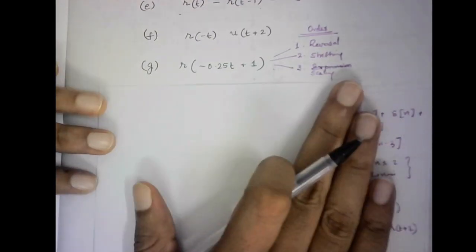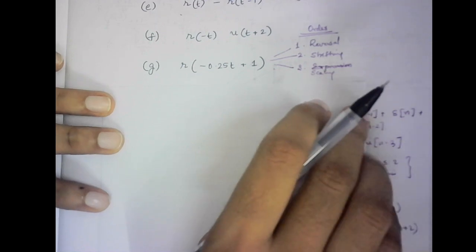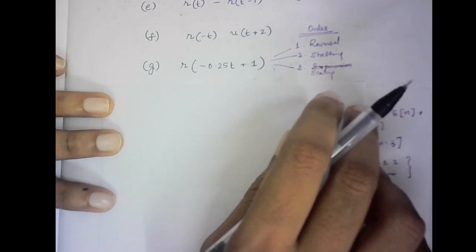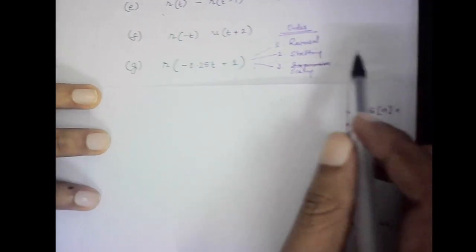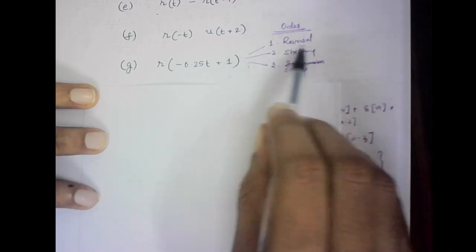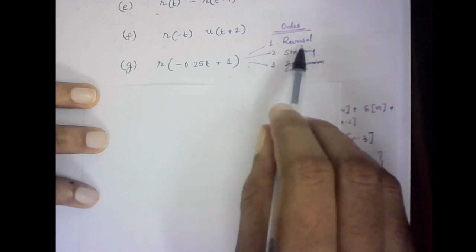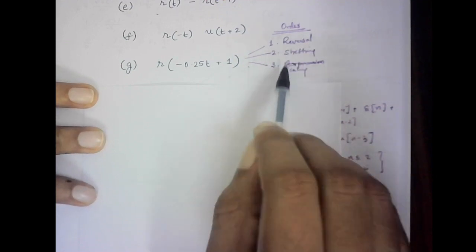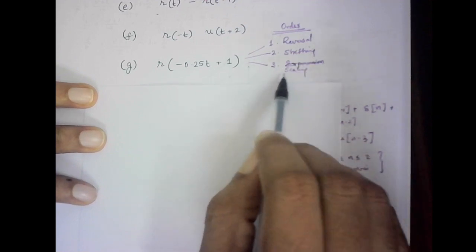Now let me come to one of the difficult questions: r of minus 0.25 t plus 1. Please remember this order. I have mentioned this in the previous class. The order of doing time operations is that first you need to do the reversal, then the shifting operation, then the scaling operation.